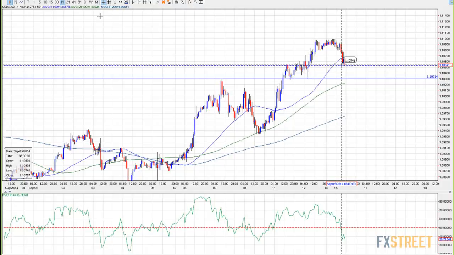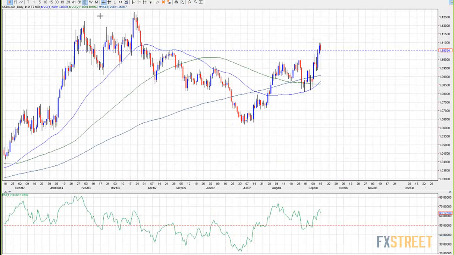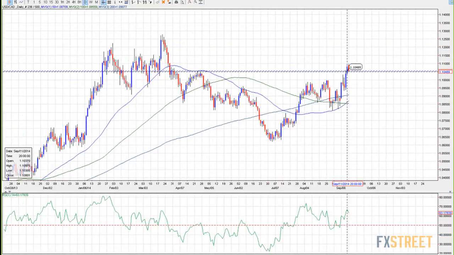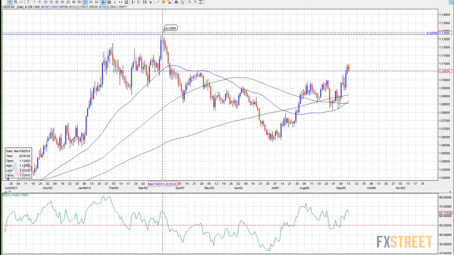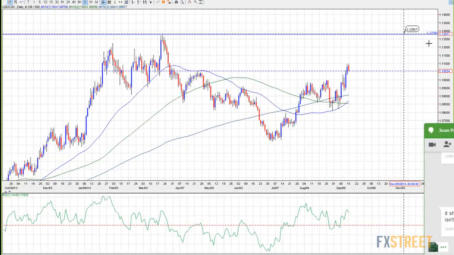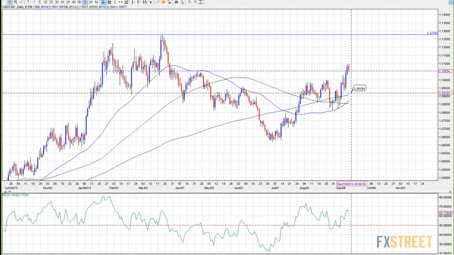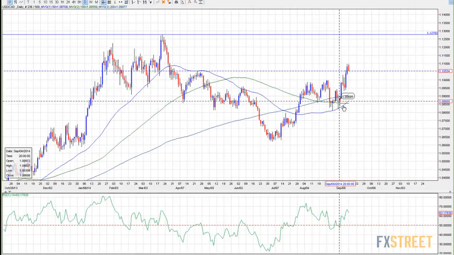Okay, and as far as the bullish outlook is concerned, when we look at the daily chart, we see that the dollar loonie still has upside towards the high on the year around 1.1278. The price action here from July through August and then here in September is a very bullish setup.